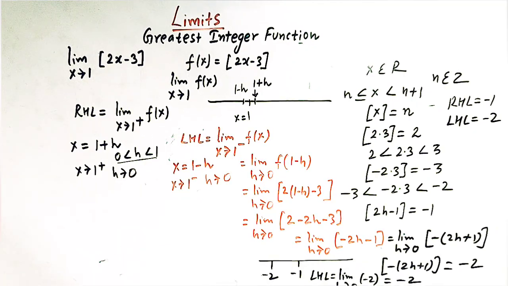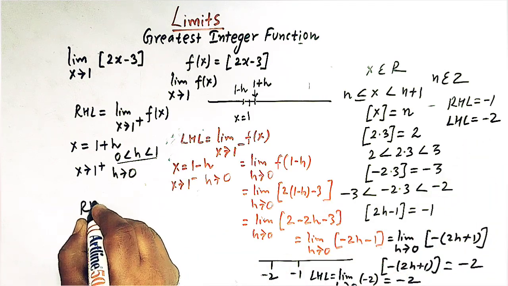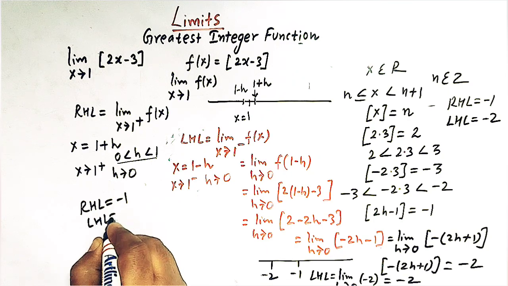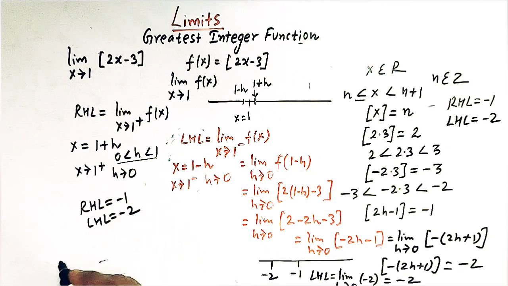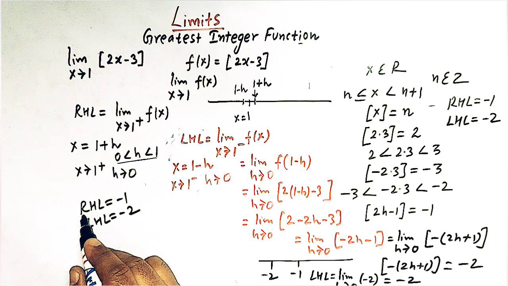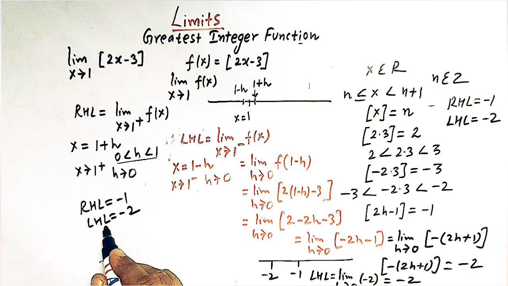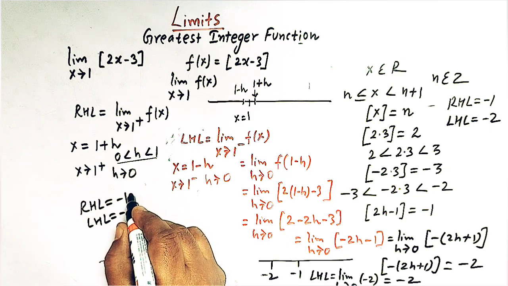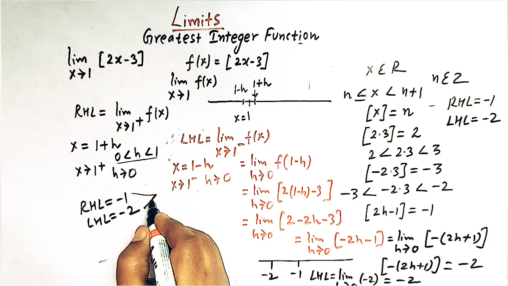So now from this discussion, we have arrived at the conclusion that the right hand limit is equal to minus 1 and the left hand limit is equal to minus 2. And here, although the right hand limit and left hand limit both exist and they are finite, they are not converging to a common value, right?